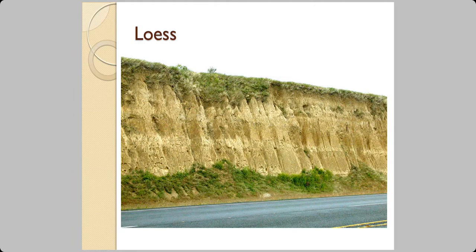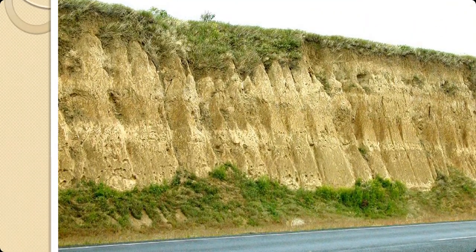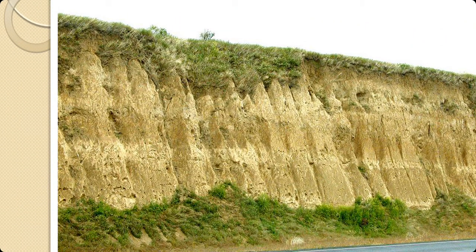Now there's a road constructed here, and this construction would have required digging. So if you look at this loess, you can see the layer-like structure. There's a road here in the foreground and loess in the background. You can see the deposition layer upon layer.